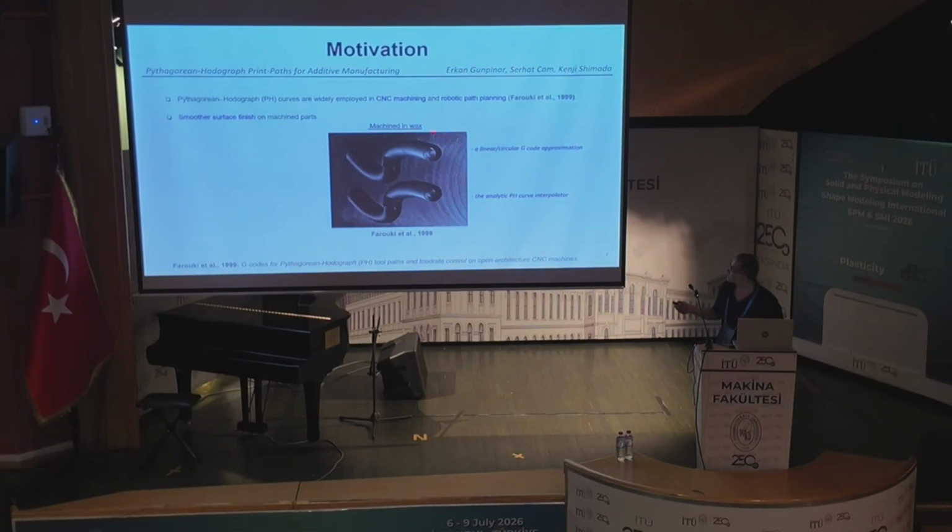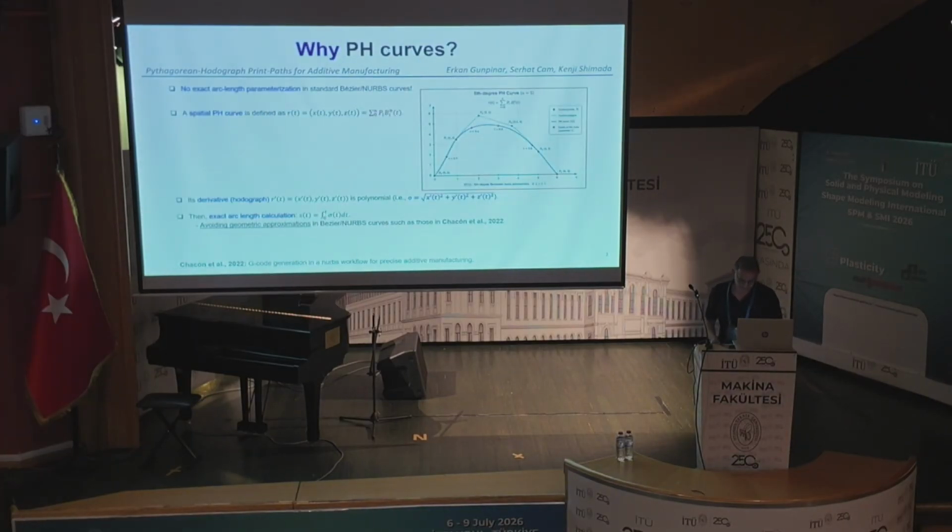So this is a machine part where PH curves are used, and you can see the surface quality here compared to the linear or circular G-code approximation. So why did we choose PH curves over standard representations?